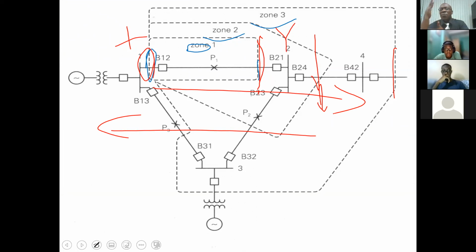One is looking from its rest position up to 80%. The other one is looking from its rest position up to 80%. And so in the middle, you will have full protection. And of course, because they're not looking at the entire line, based on their zone 1 settings, you are going to find that we're going to need communication systems to ensure that they operate properly.